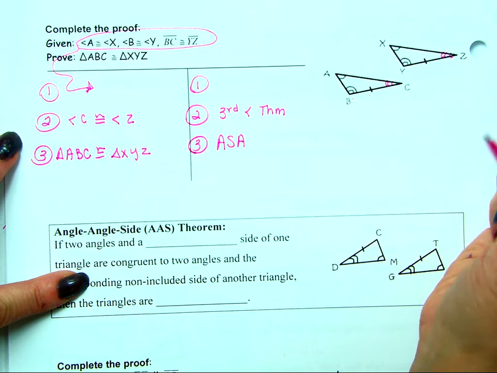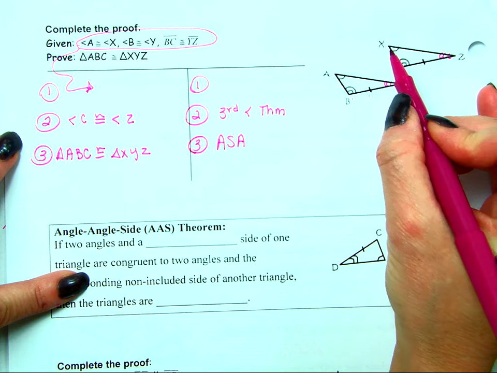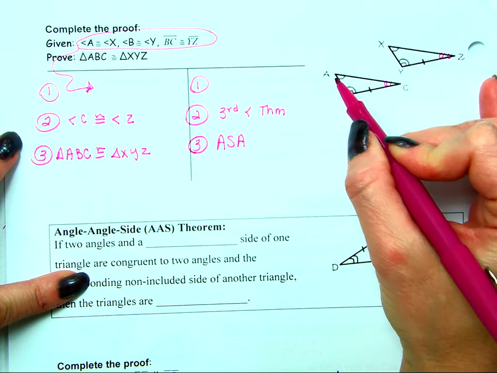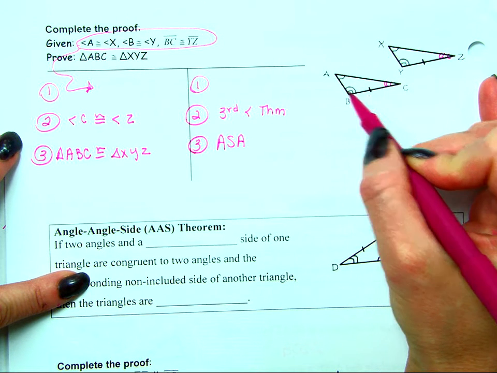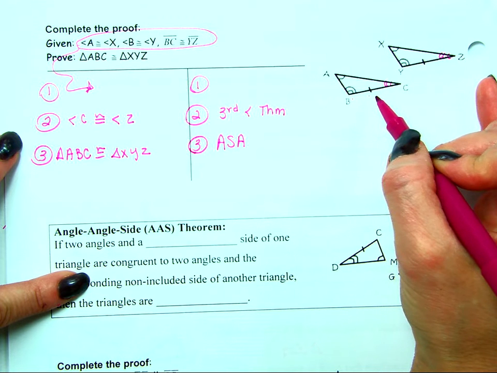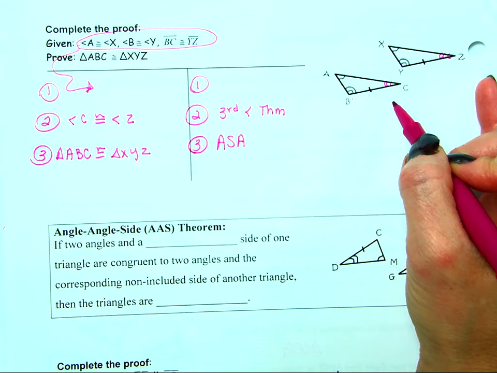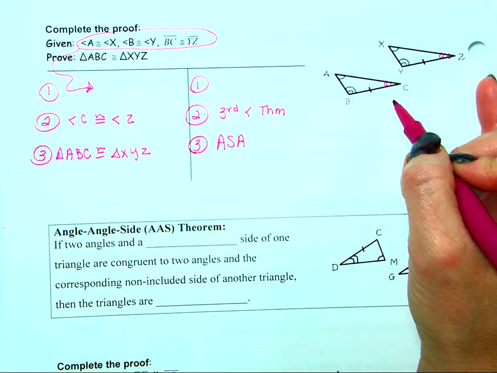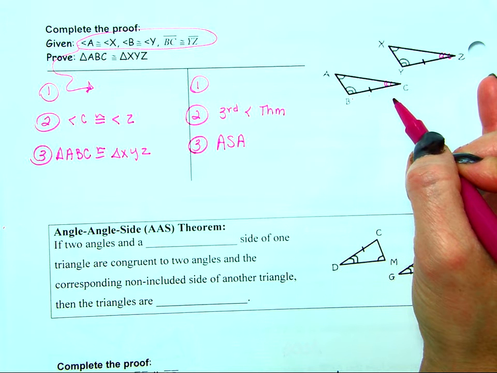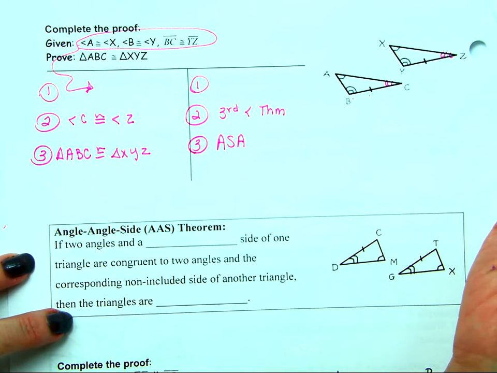Would you agree that my given information to start out with, they had given me 2 angles and then the side. 2 angles and a side. So angle, angle, side. If I know 2 of my angles, I am always going to be able to prove that third angle congruent with the third angle theorem. So this really tells me if I'm given angle, angle, side, it will always work because it will always also turn into angle, side, angle.